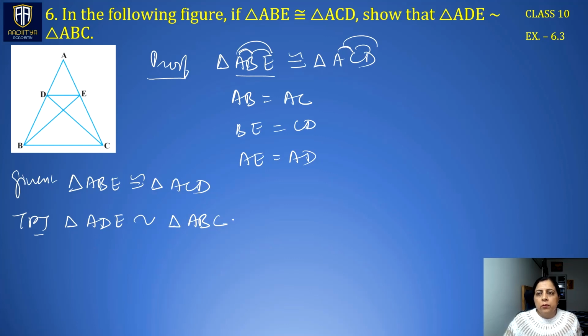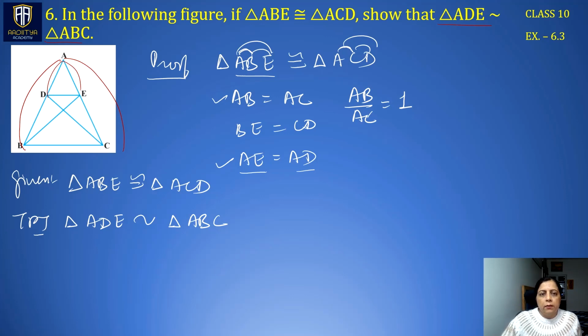Now in triangles ADE and ABC, these are the letters which are useful to us. So here AB upon AC. AD and AE are the sides which are common to the triangles we have to prove similar. I'm looking for the ratios because we are not concerned with equality here. AB upon AC becomes 1.